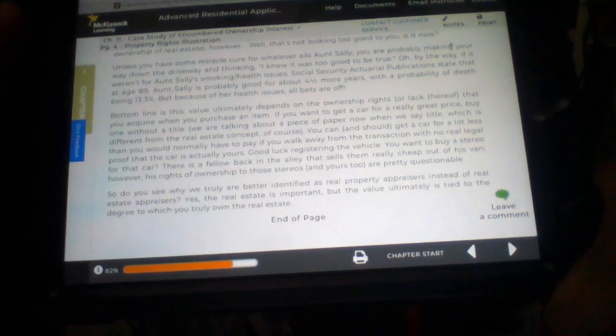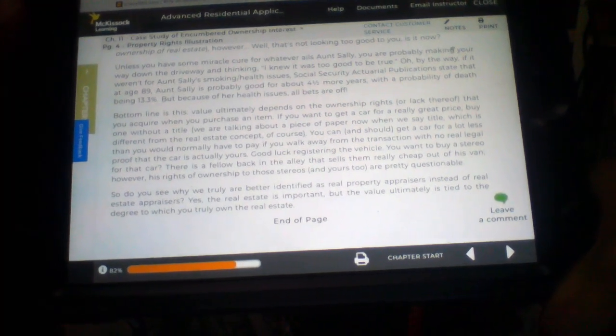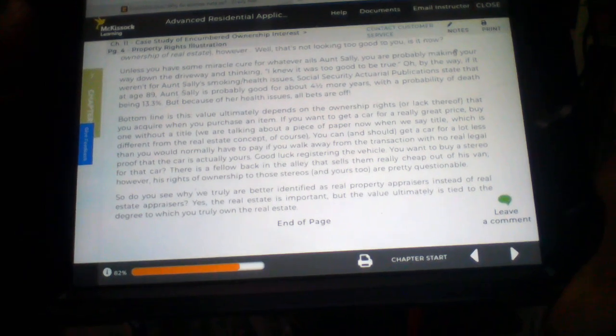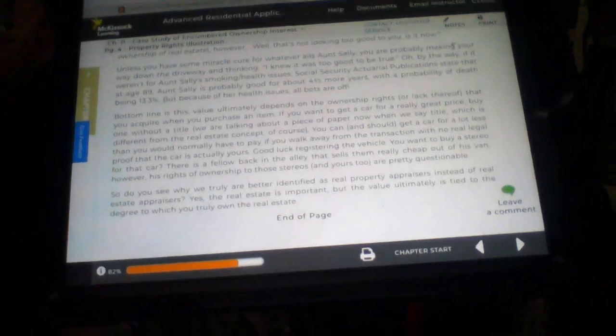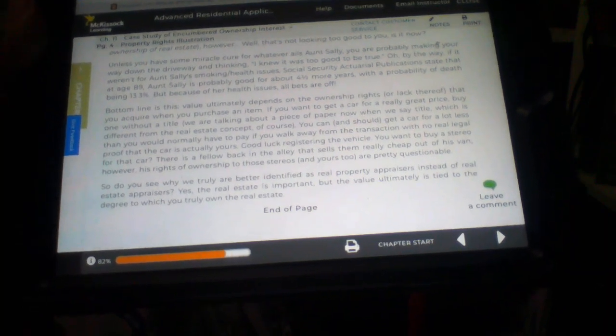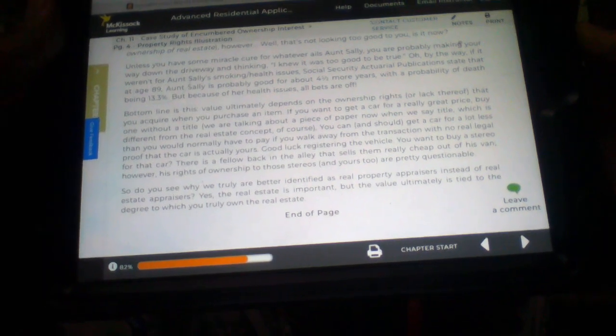Bottom line is this: value ultimately depends on the ownership rights, or lack thereof, that you acquire when you purchase an item. If you want to get a car for a really great price, buy one without a title.